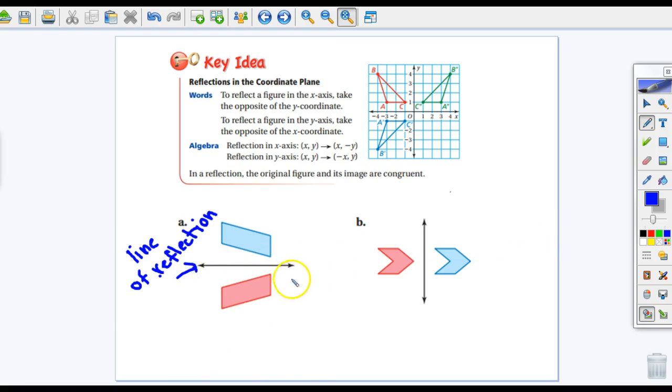Since it is horizontal, this is your x-axis. Here is your vertical line of reflection, again another line of reflection. But actually, let me take that back. Erase it.